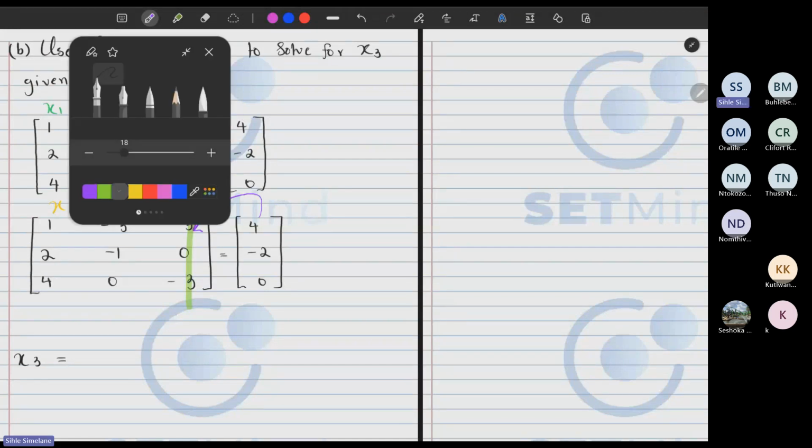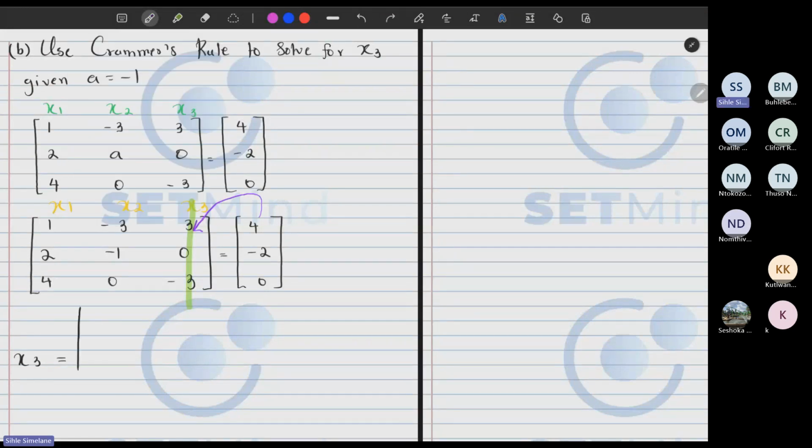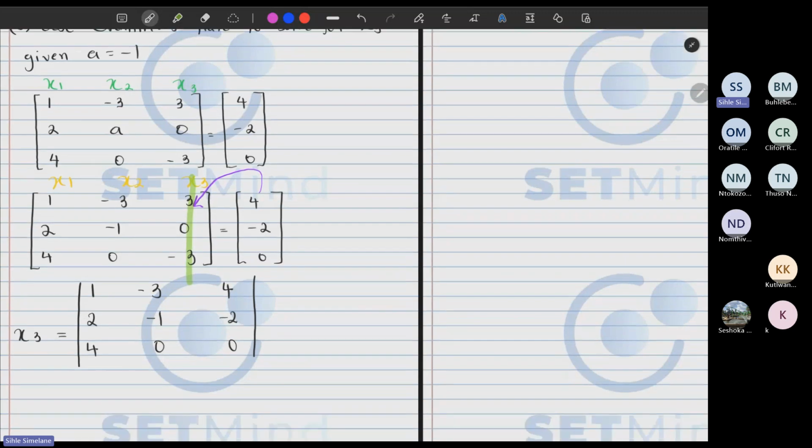So that means my matrix, I'll put in straight lines because we need to find the determinant. It will be 1, -3. And then I replace my x3 column by a 4, -2, and 0. The other ones remain as they are, 2 and a 4. And then I will divide by the determinant of the original matrix.